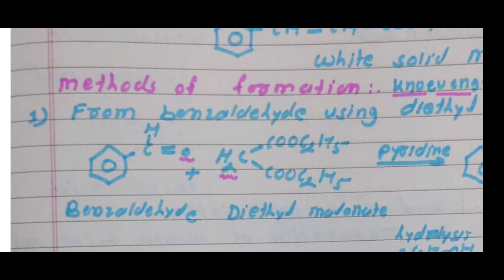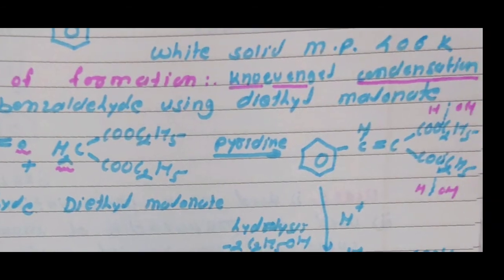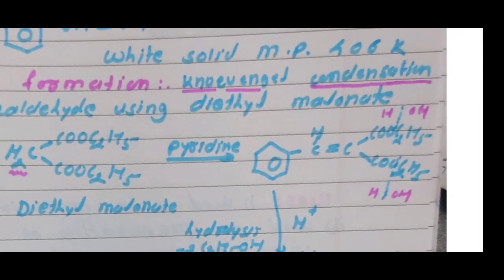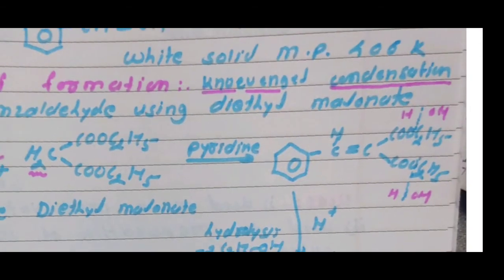Then oxygen from the aldehyde group and H2 from diethyl malonate are released as a water molecule. This reaction is carried out in the presence of pyridine. The condensed product has the benzene ring as it is, CH double bond C, COO C2H5, COO C2H5.